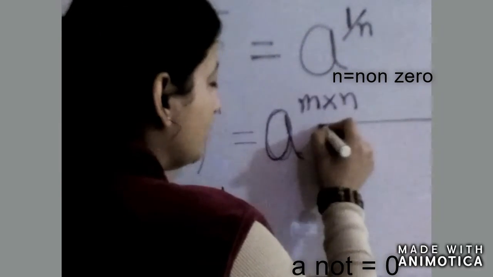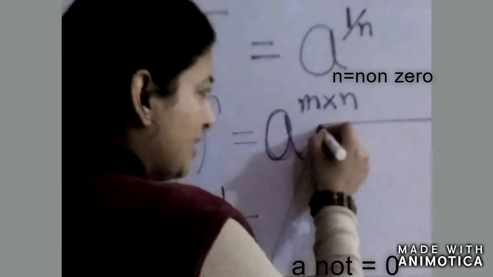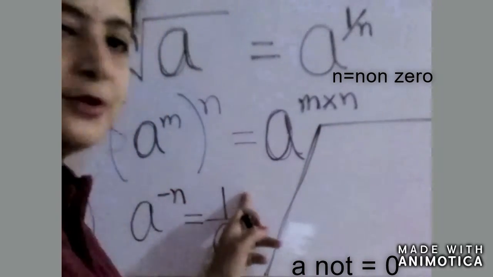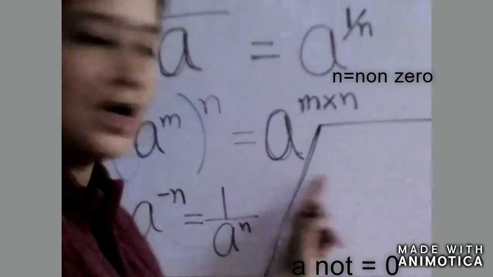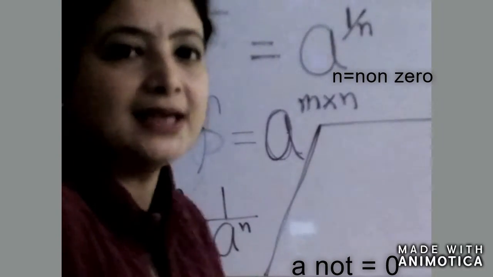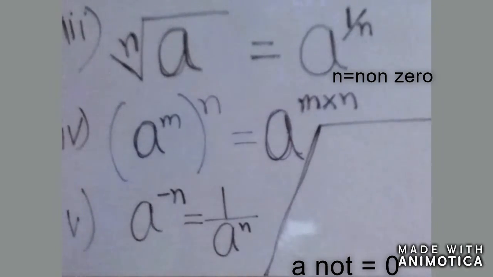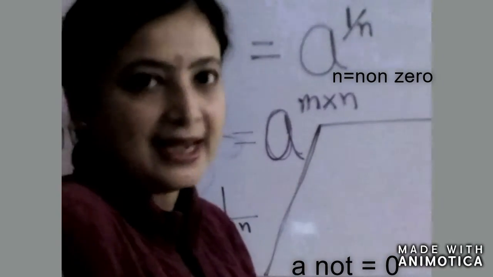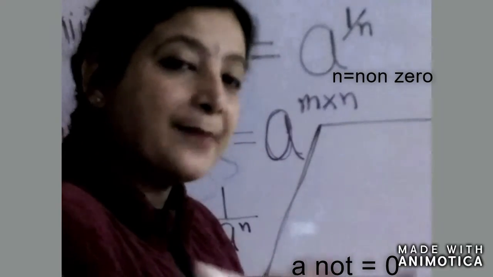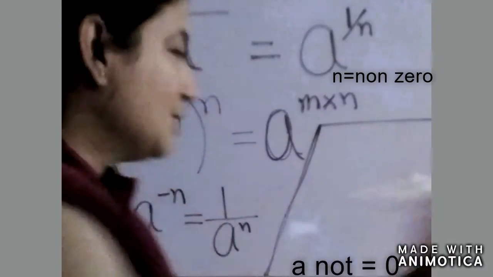How will it happen? It's very easy to understand, and I am showing it here. Why is a to the power minus n equal to 1 by a to the power n? The previous law we have seen: a to the power m minus n is equal to a to the power m by a to the power n.